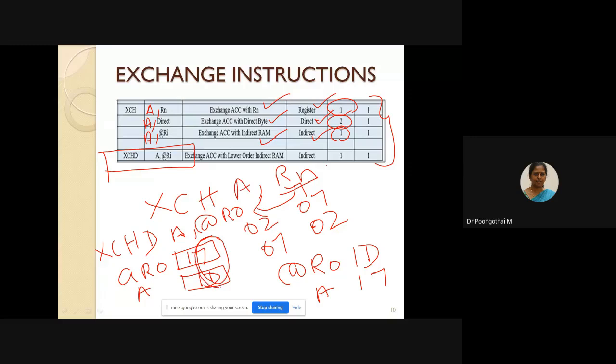So only the LSB alone is exchanged. Is that clear? Yes, ma'am. This instruction exchanges the data between the accumulator and register Rn, and the accumulator and internal memory. That's all. The first 3 instructions provide 8-bit data exchange. The last one allows only 4-bit data exchange.